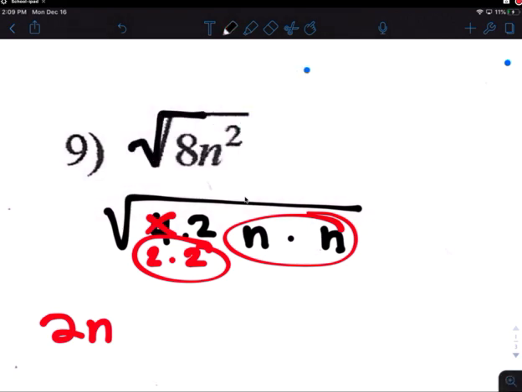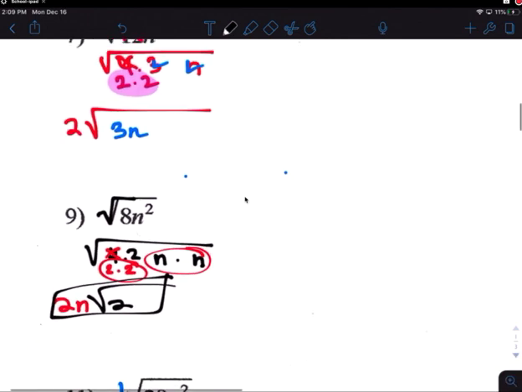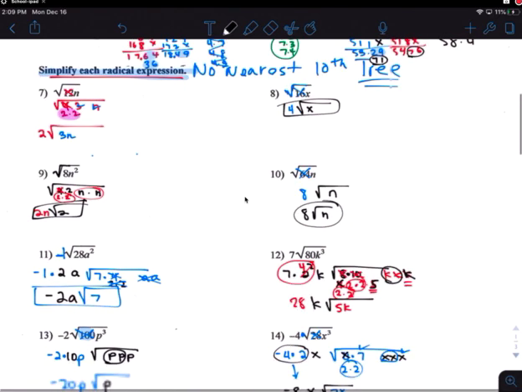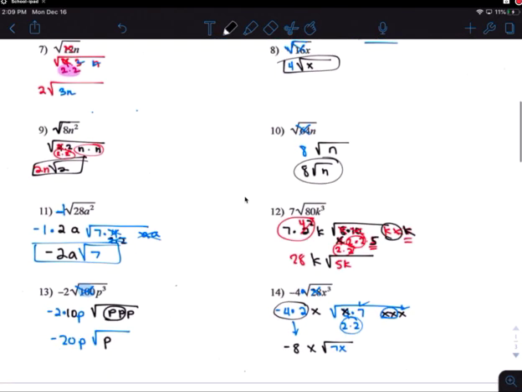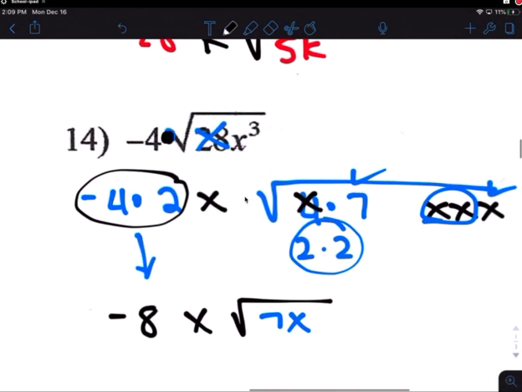And one without a pair. Okay, and that's how you do the rest. Make sure when you get these, it's 4 times whatever your answer is.